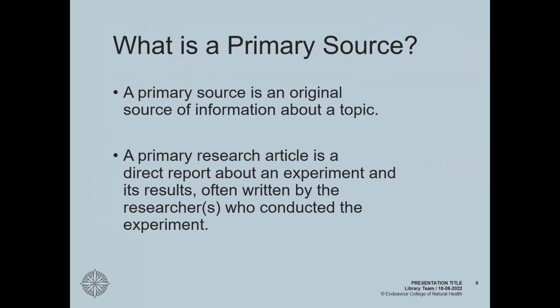A primary source of information is original information on a particular topic. So as you can see clearly, a research article that is a primary source of information is generally the direct information about an experiment and its results, often written by the researchers who conducted the experiment itself.